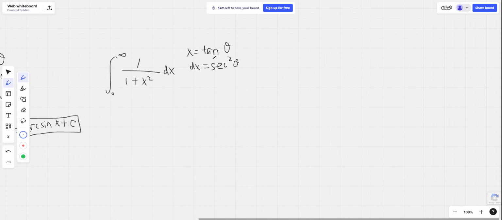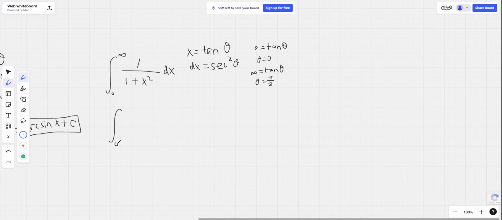But remember, we also have to change the bounds. So at x equals 0, we have 0 equals tangent theta, so theta equals 0. And when tangent theta equals infinity, theta equals pi over 2.